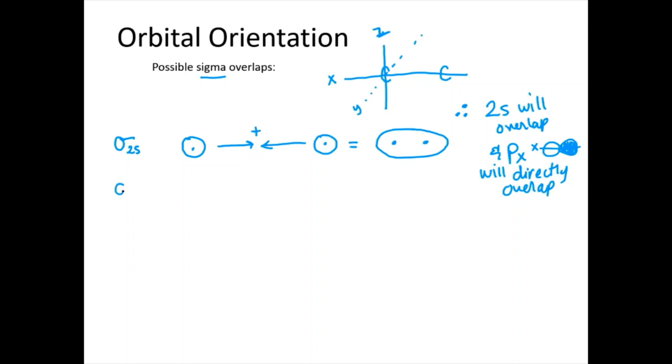Okay, then I do the 2s anti-bonding orbital. That's where I take the s orbital, I subtract them. When I subtract, it changes the color. And I get this orbital that is anti-bonding, where the nucleus is here and here in the middle of that, and there's a node down the middle.